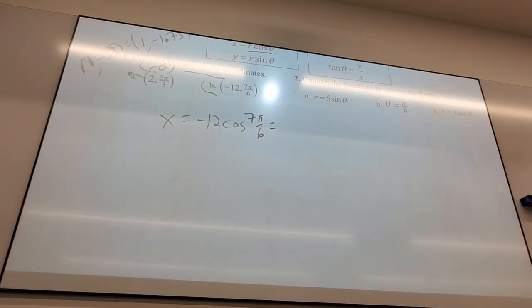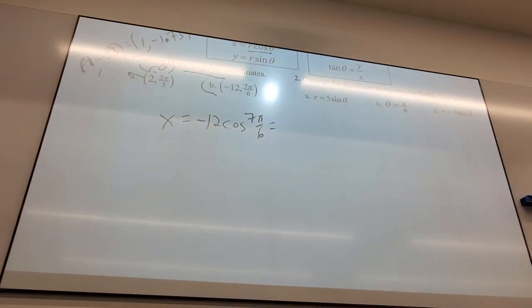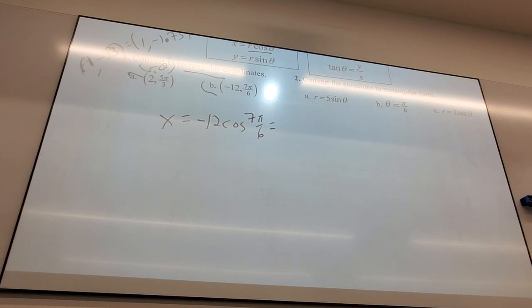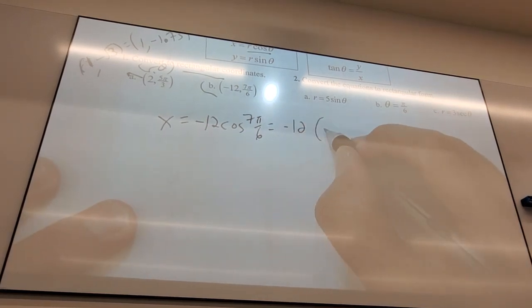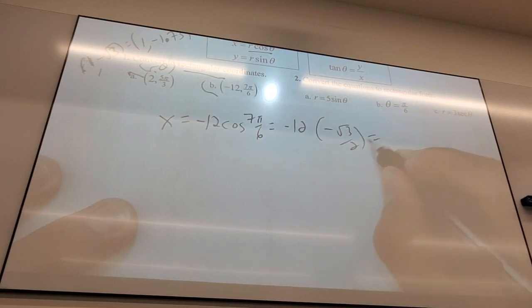And real quick, what quadrant is 7 pi over 6? Third, so both sine and cosine are going to be negative. Good. And then what's cosine at any pi over 6 reference angle? Yeah, root 3 over 2. 2 goes into negative 12 six times, so negative times negative is positive, I get 6 root 3.